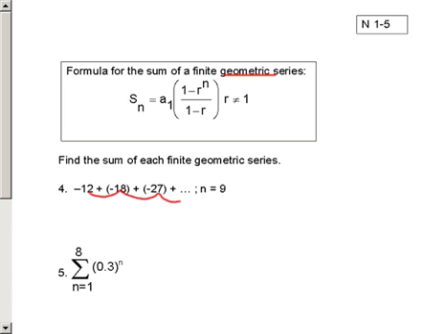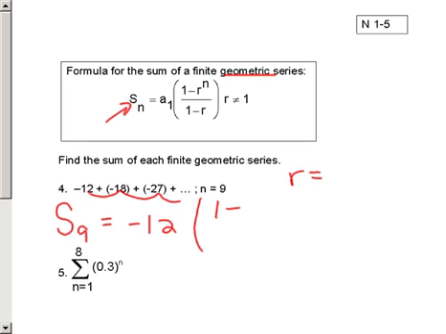So we're trying to find S9, the sum of the series up to the 9th term. And so what's A1? Negative 12. Parentheses, and then you do 1 minus, what's R?